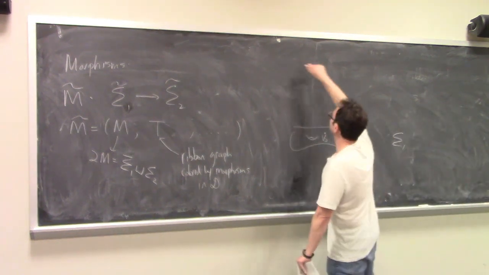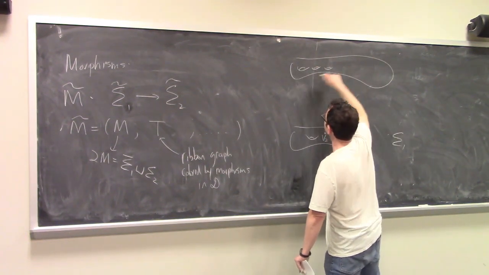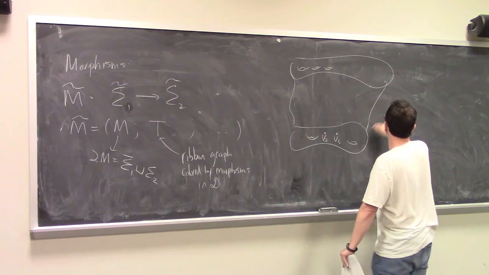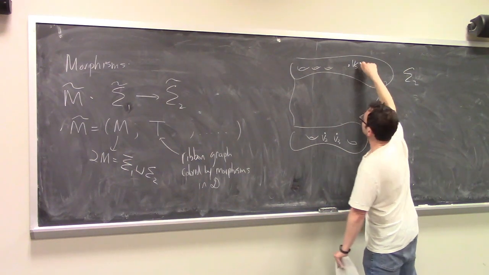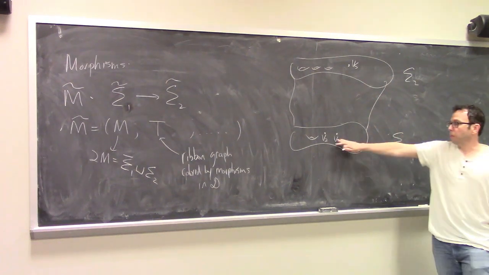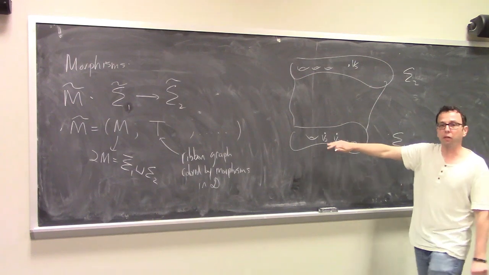So this is sigma 1, and sigma 2 is maybe some genus 3 surface, and maybe we have one marked point, V5. So the defects are labeled by objects in our representation theoretic category.